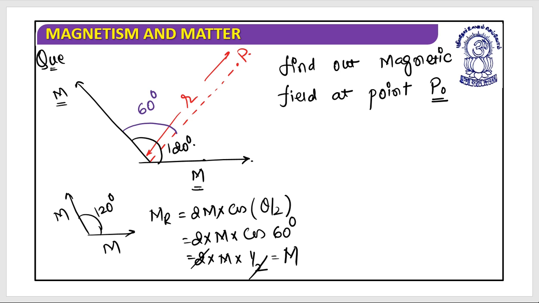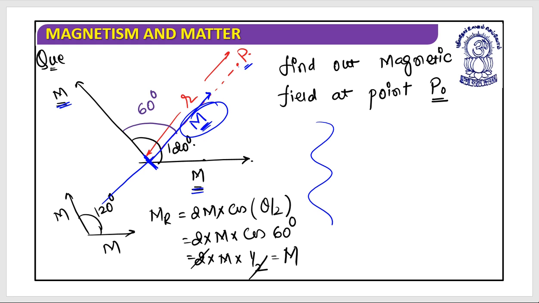So the situation will be now that the M resultant would be in this direction. If I want to replace these two magnets with a single magnet, it is M, something like this, and point P is at location r from it. So this is at the axial position of this resulting magnetic moment.